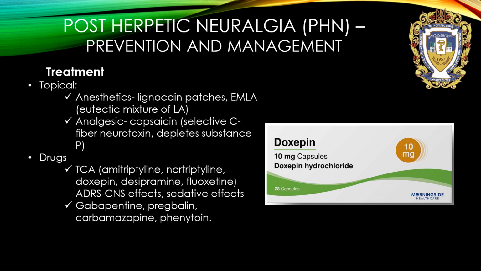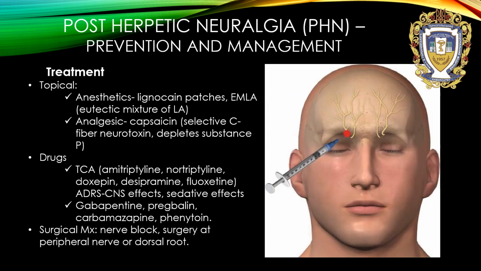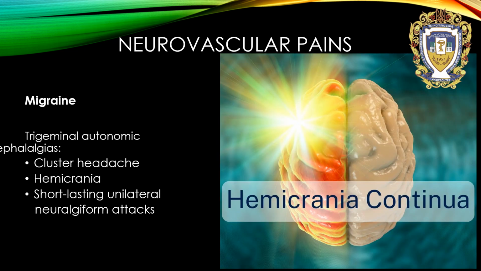These drugs have antidepressant, central nervous system effects and sedative effects. Or gabapentin, pregabalin and carbamazepine, phenytoin. In some cases, we can propose to these patients surgical treatment, like nerve block, surgery on the peripheral nerve or dorsal root.